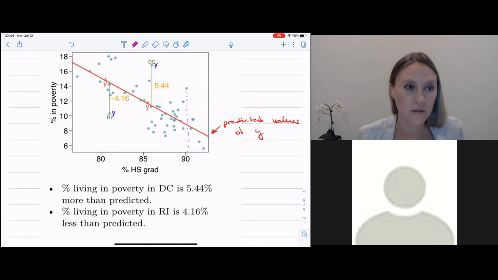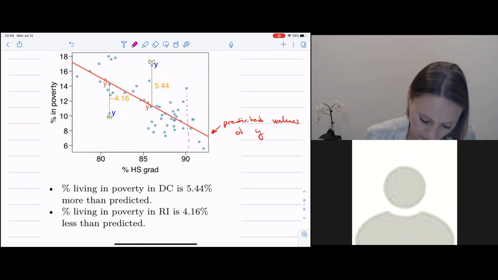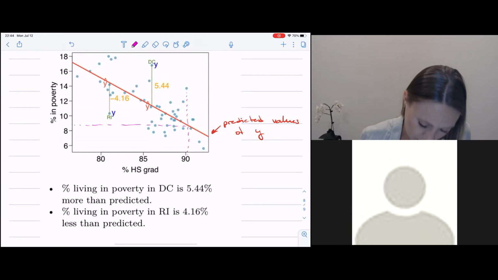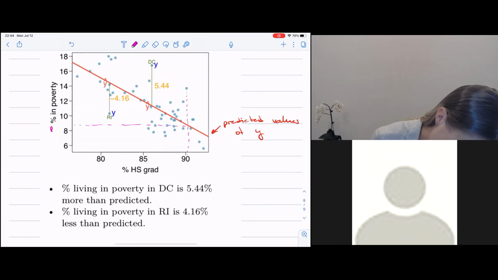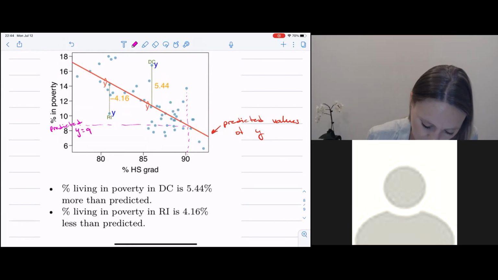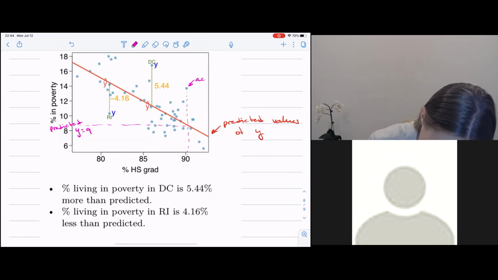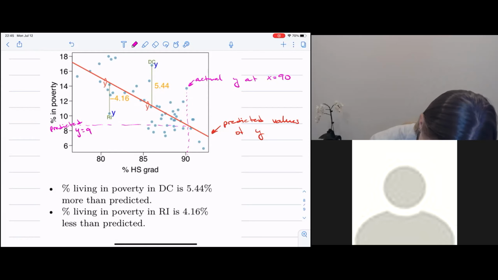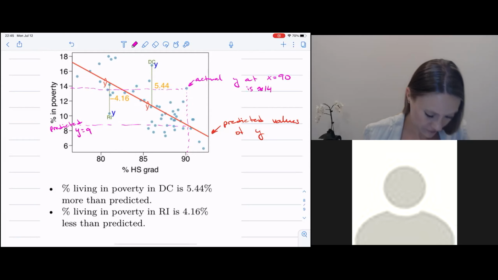So the predicted y is roughly 9, let's say, but the actual y at x equals 90 is roughly 14.